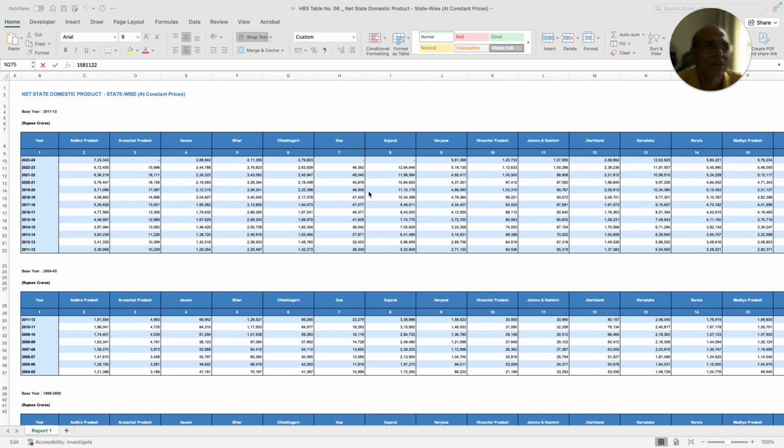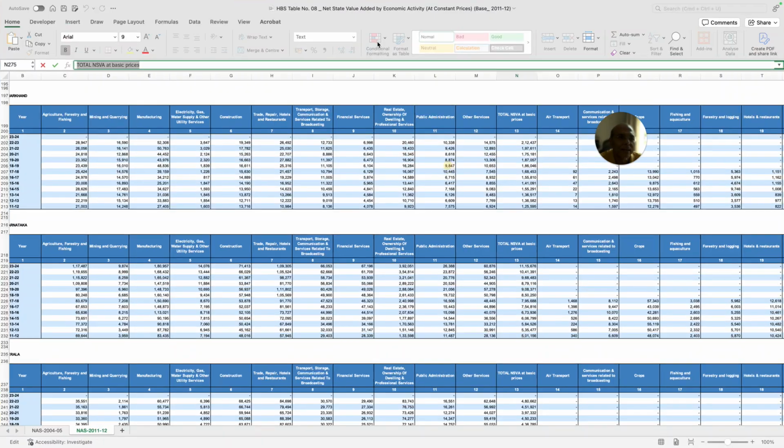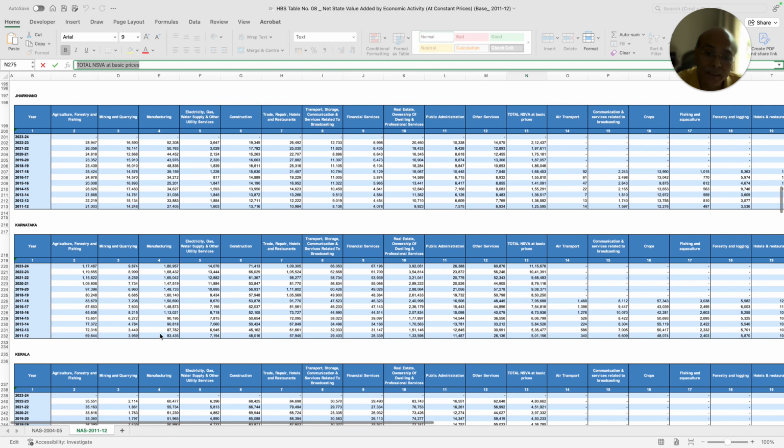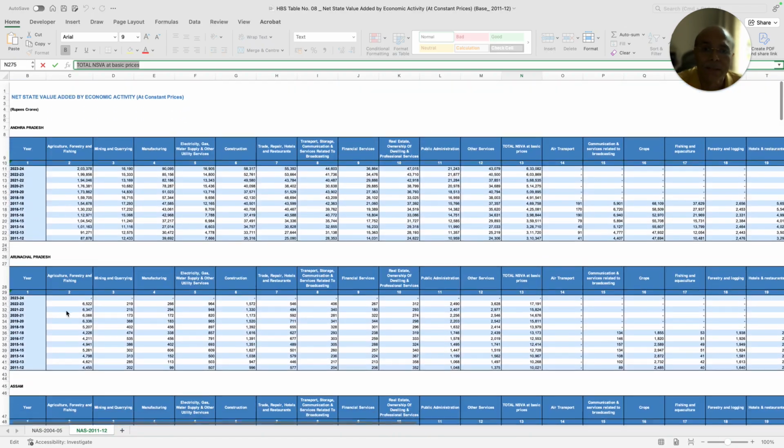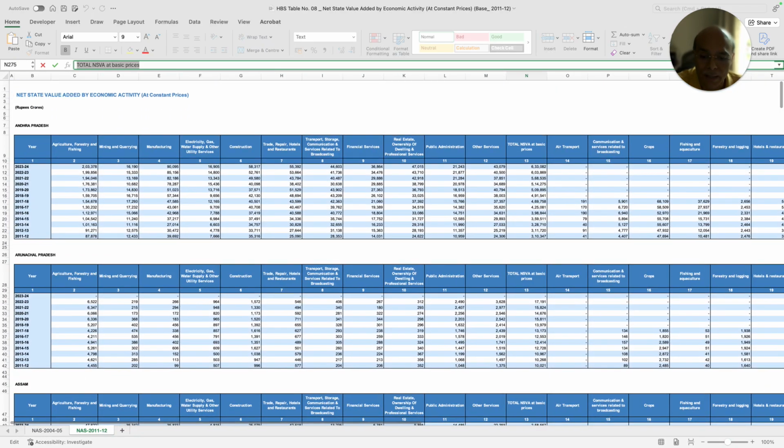So they have another time series data where they have the production part of the GDP captured in various tables for states. Let me show you this. This is a very elaborate file, and for the base year FY 11-12, you have a single table for a particular state.